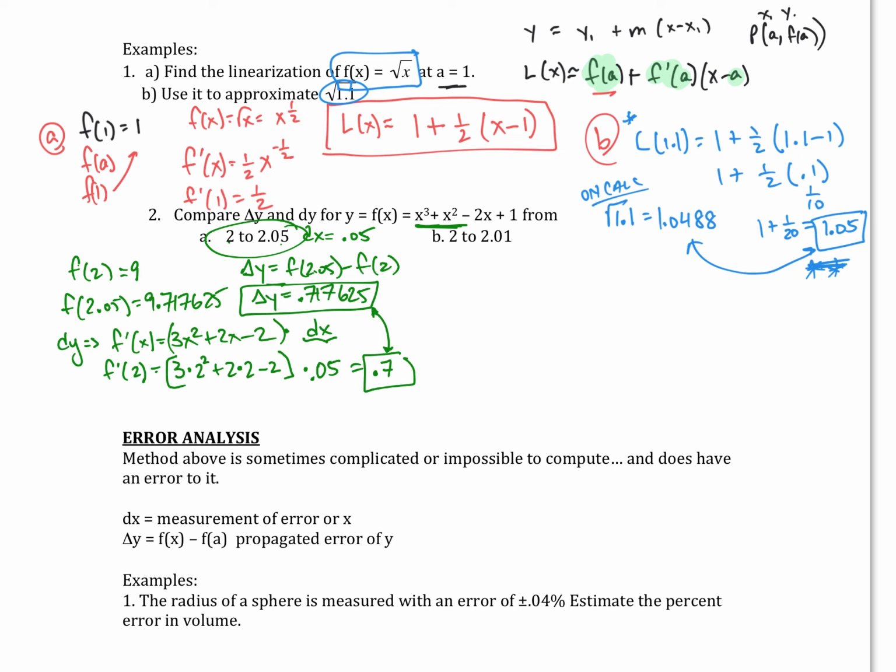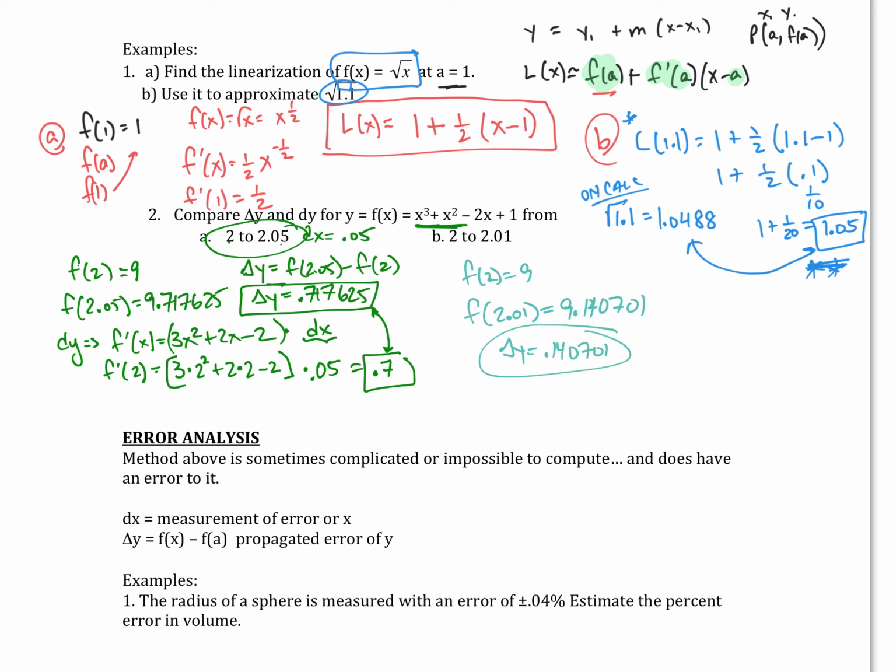Okay, we could do the same thing for the next problem. Over here, I need f of 2, which I got as 9. We already did that. F of 2.01, I could do that, and I will plug it in. I'll get 9.140701. All right, delta y. We can do the same thing, subtracting, and I'll get 0.140701.